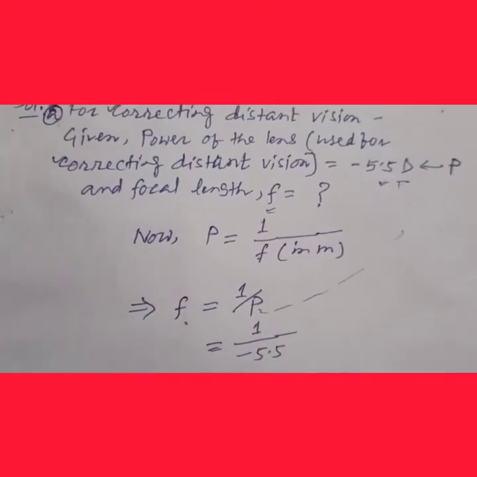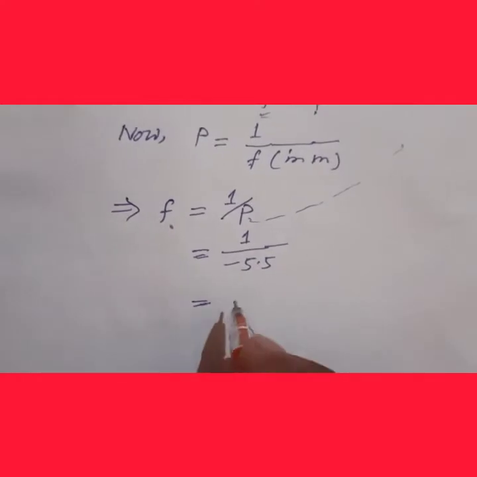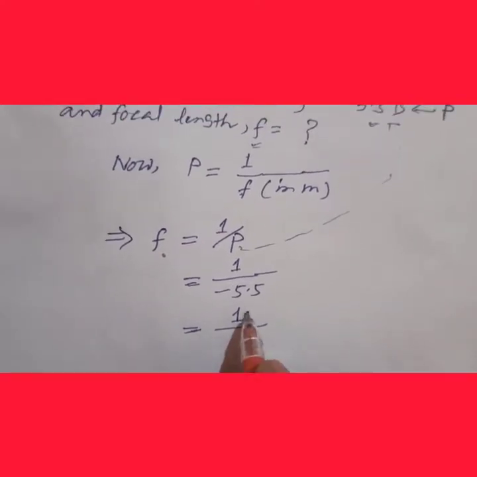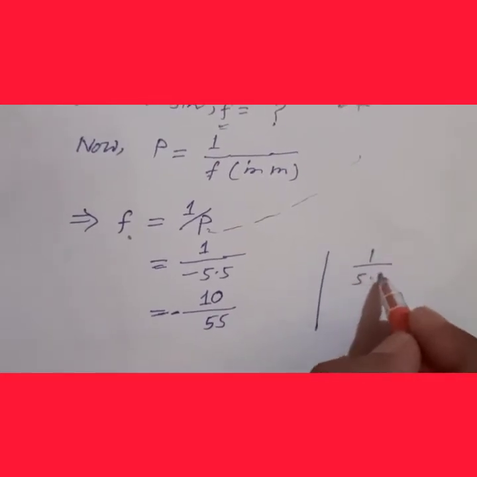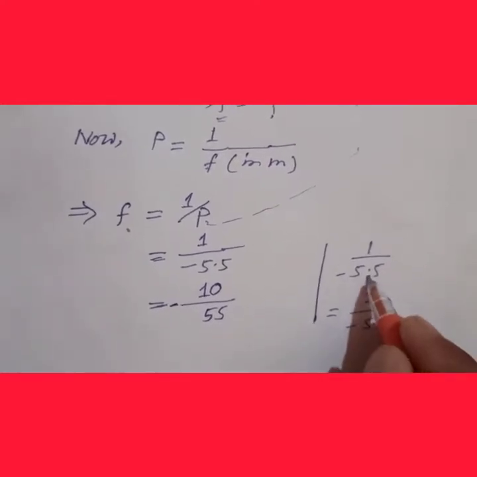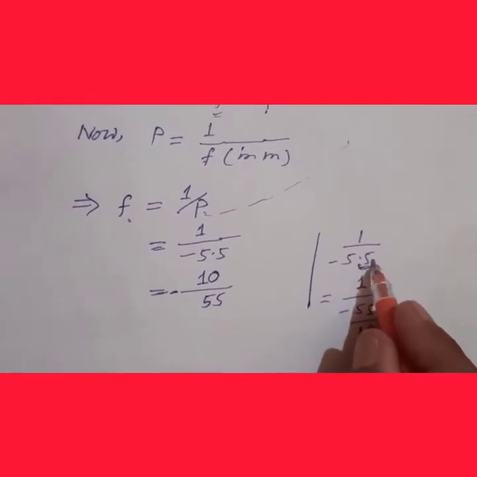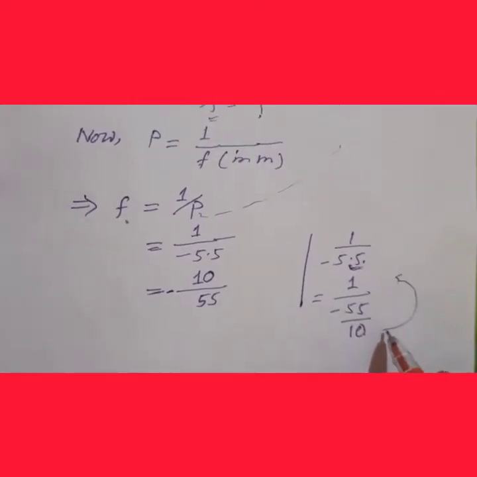So F equals 1 by minus 5.5. Dividing, the minus sign stays. For the point value, it will be 1, and after the point there is 1 number, so that many zeros, only 1 zero. Then multiply by the reciprocal, where the numerator becomes the denominator and the denominator becomes the numerator.